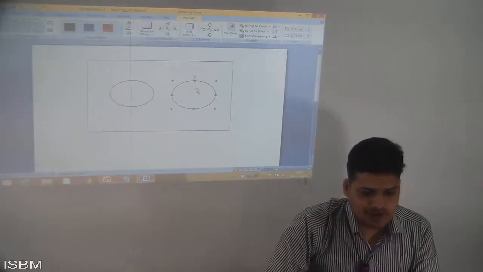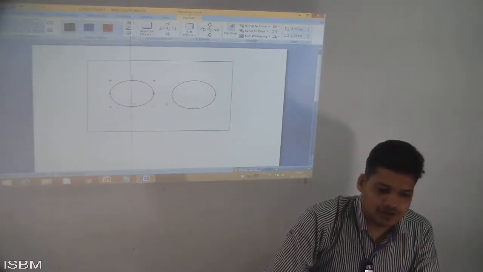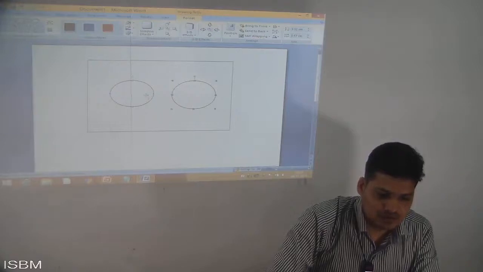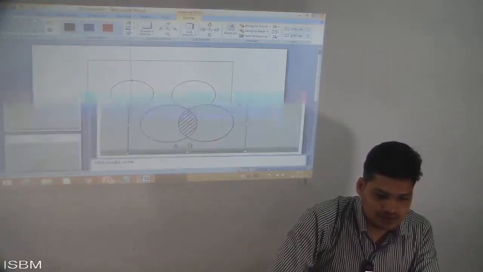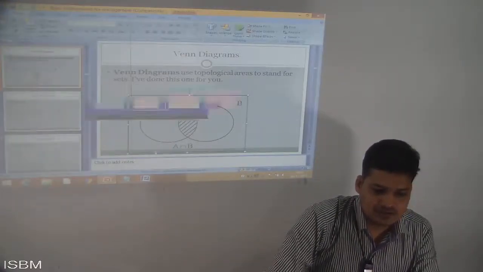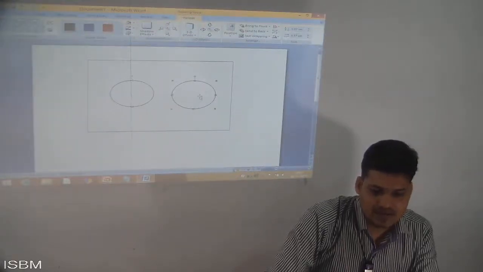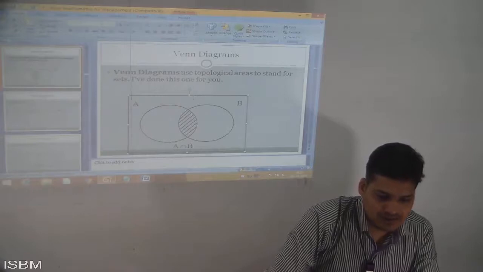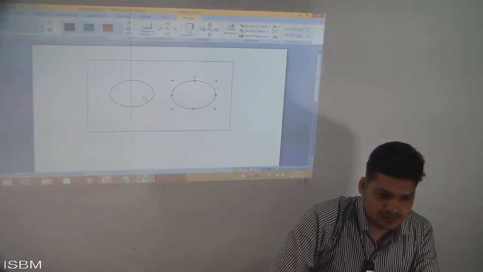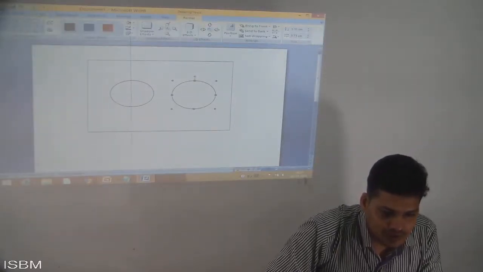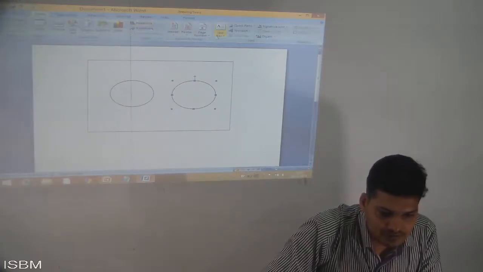While we are denoting the sets, we denote them with two circles, just as shown over here. So these are the two circles: this is called the set A, and this is the set B. How do you denote set A and set B? Like this. If you want, I can write over here.